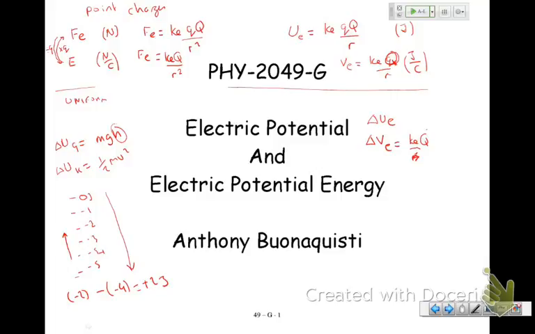K E Q, and then it's going to be 1 over R final minus 1 over R initial. And how do you get to U E? Do we have to learn a new equation for that? It's just K E Q, 1 over R final minus 1 over R initial, with the negative, well, sorry, no, not with the negative sign.